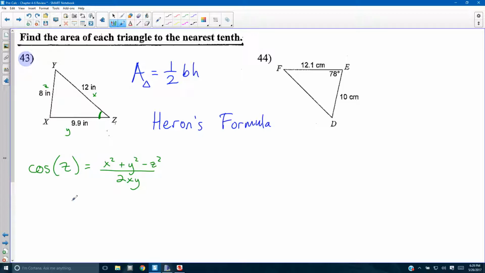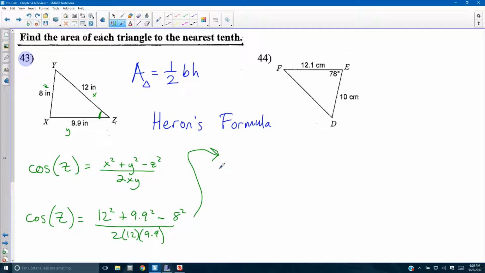This is the one angle right here. So cosine of angle z, of which we still do not know here, will be x squared, that's 12 squared, plus 9.9 squared minus 8 squared, all divided by 2 times 12 times 9.9. Clearly, we're going to have to do some calculator work here when we solve this entire thing.